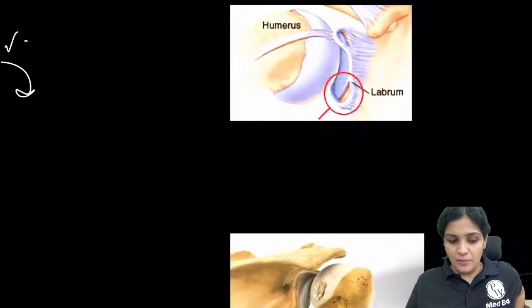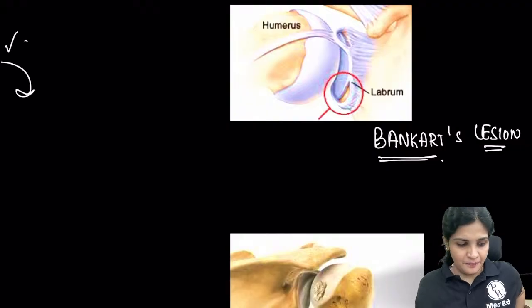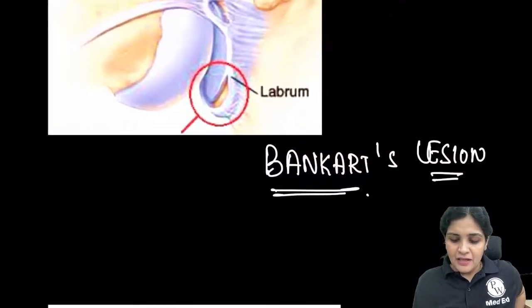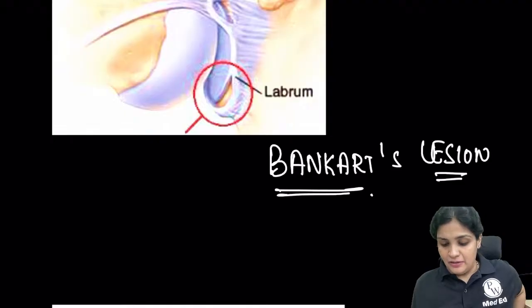What are those 2 important complications? Yes, very good, Dr. Raj. The first one is Bankart's lesion. So what is Bankart's lesion? There will be a tear of the labrum from the anterior inferior glenoid rim. Very good.